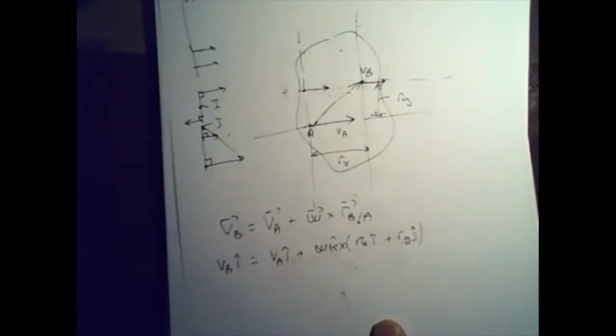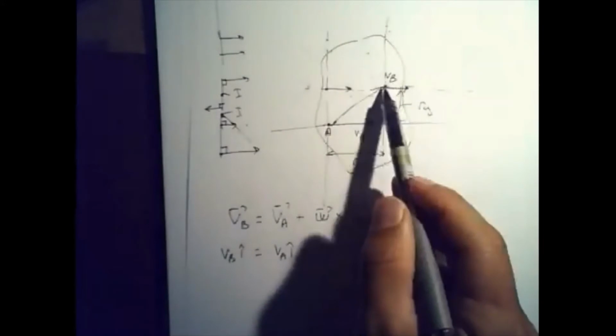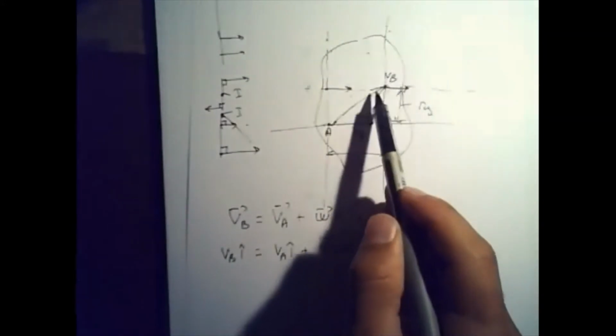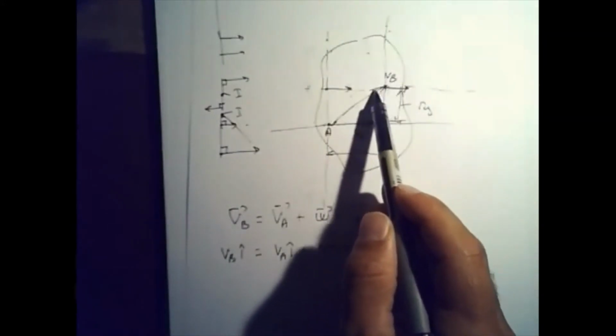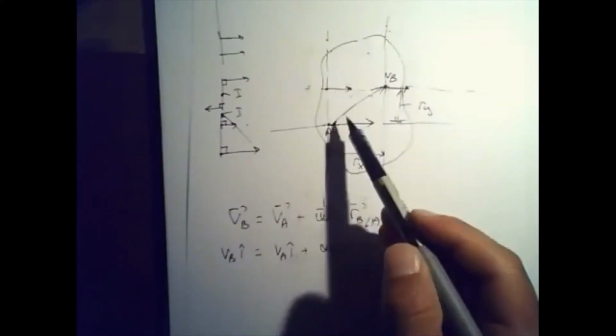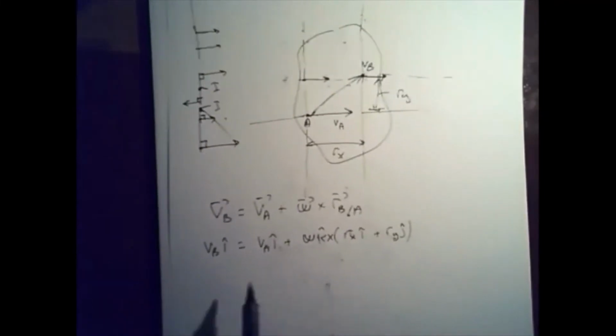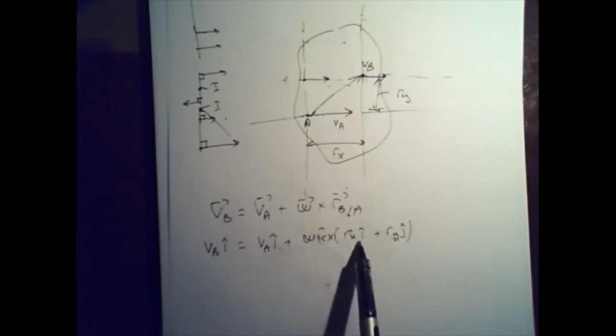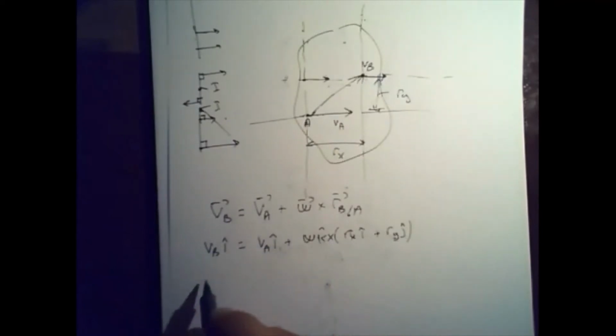I do this to see if it is actually possible to have a rigid body where these two velocities are parallel, but at two different points and with two different magnitudes. So VB i is equal to VA i plus omega k cross (Rx i plus Ry j).